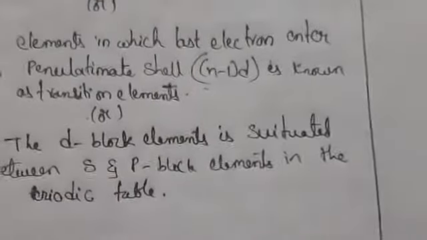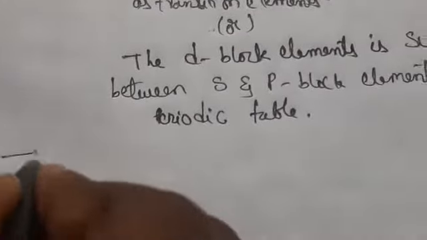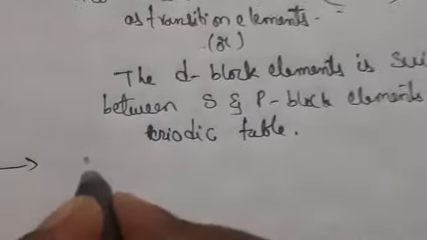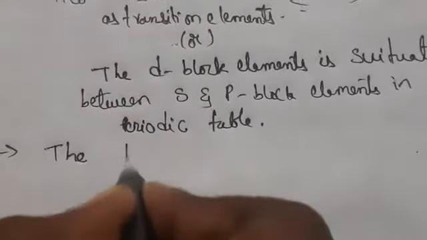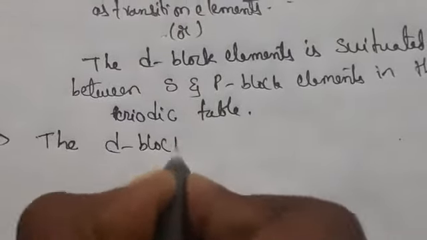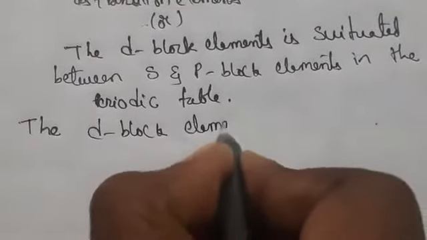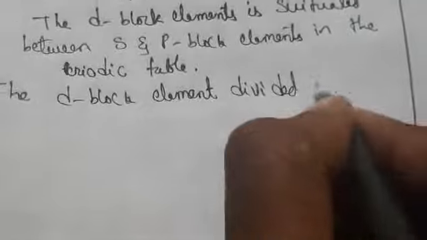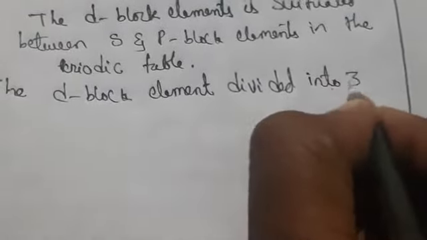Generally, the d block elements are divided into 3 series. What are the 3 series?